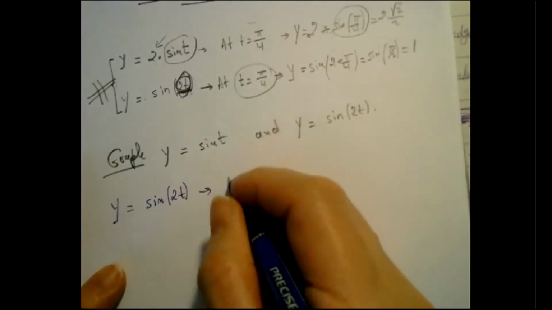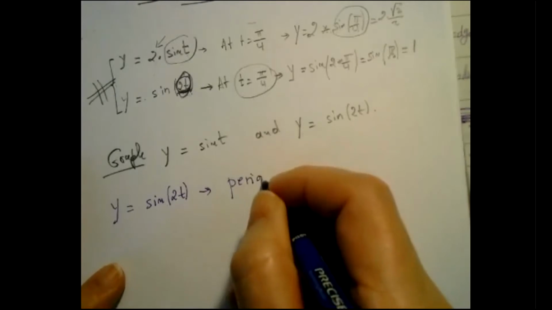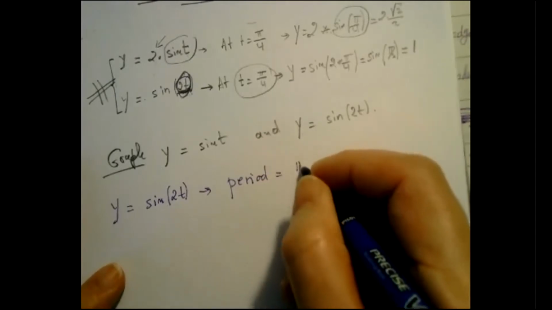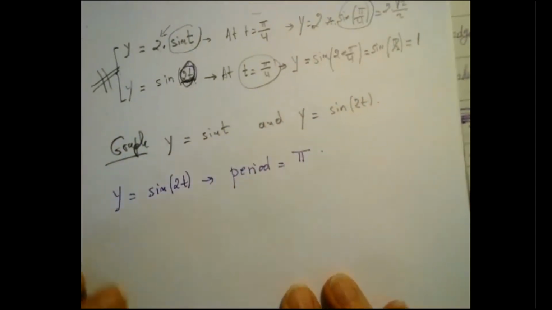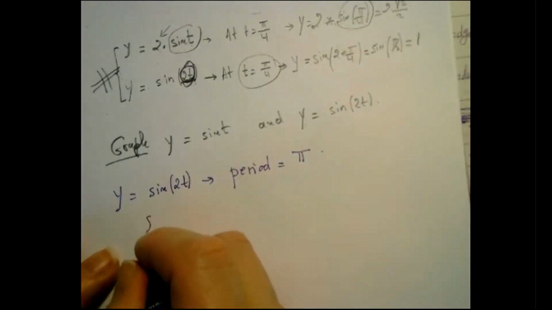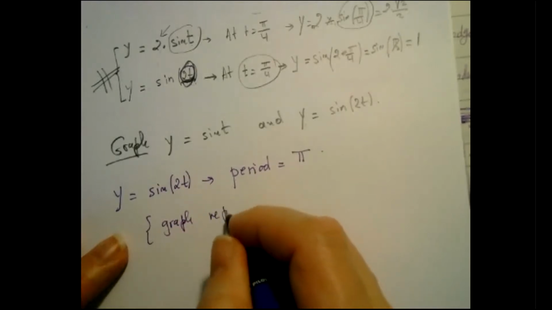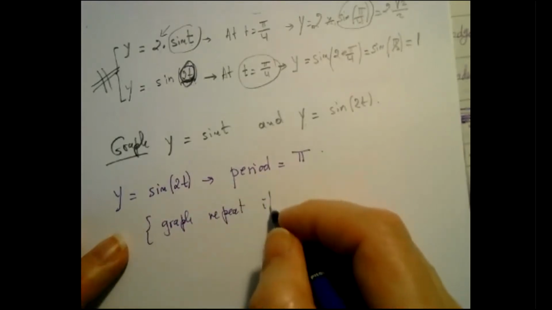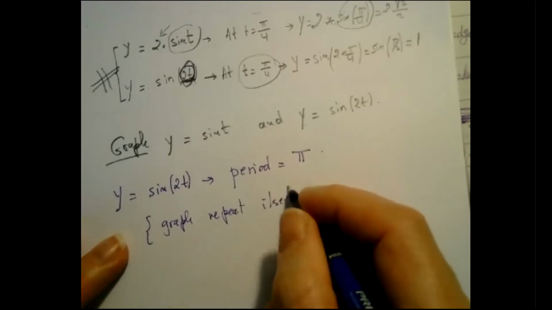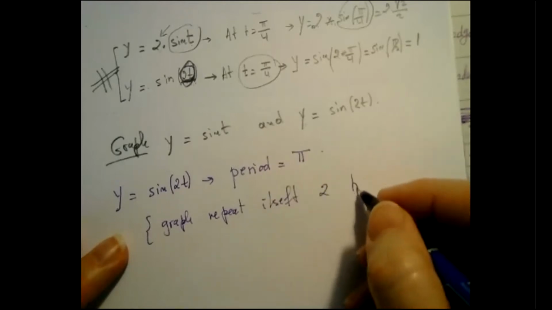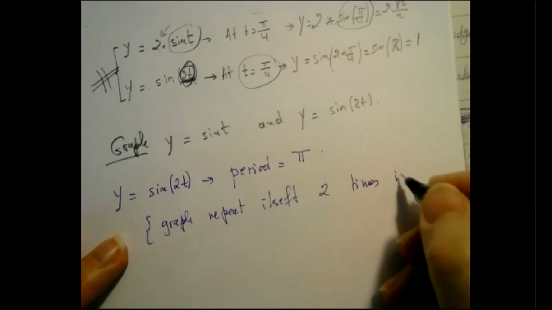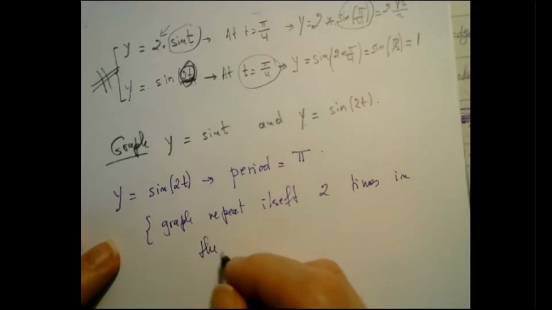The period, just from graphing, is equal in this case to pi. What's happening is that we realize the graph repeats itself 2 times in the interval from 0 to 2 pi.